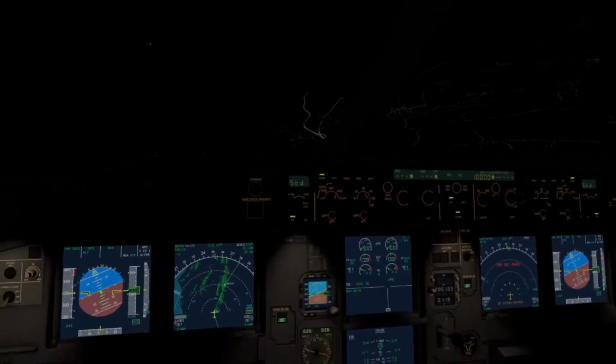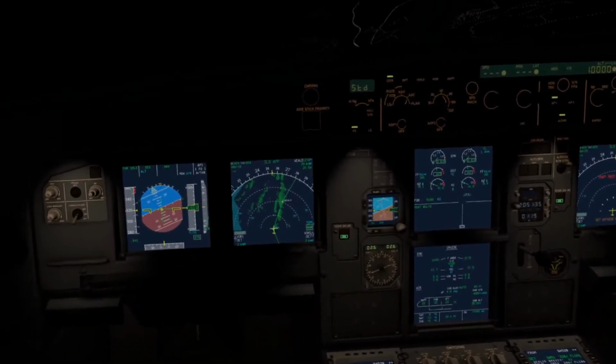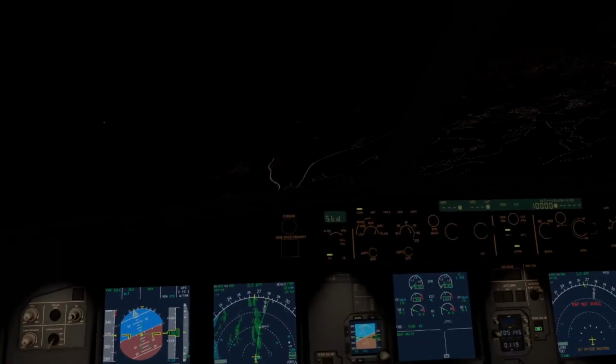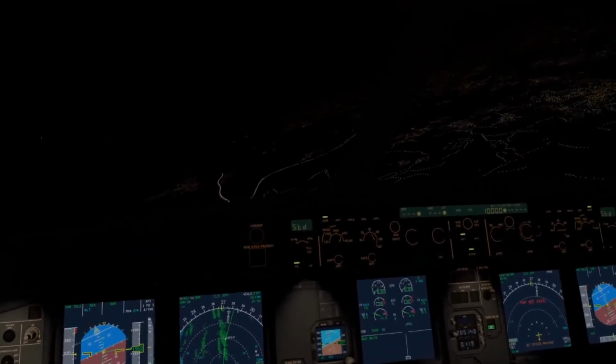Now I'm just gonna clean my goggles here, because I need to see a bit clearer, since it's a bit blurry. Okay, here we go. Now this is better.